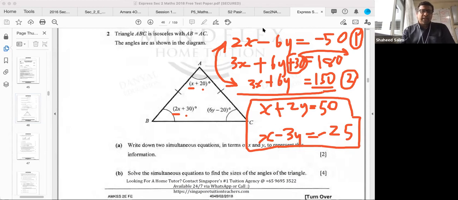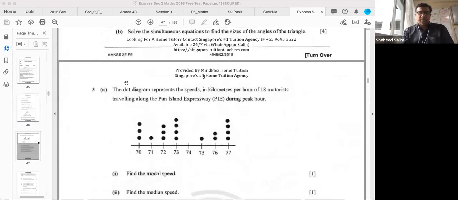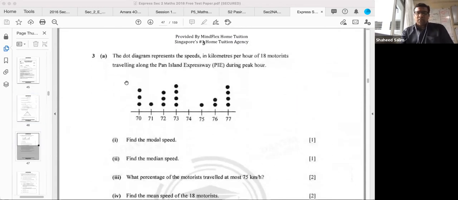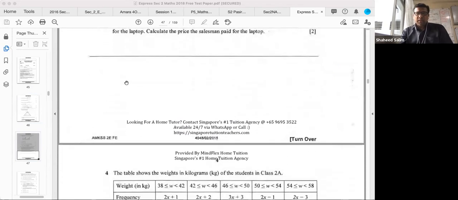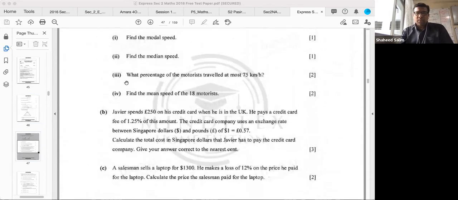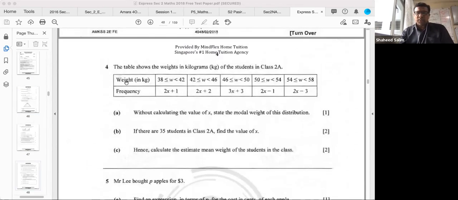All right, Aqilah. Are you tested on median, mode? Okay, we try this one. What about this one?